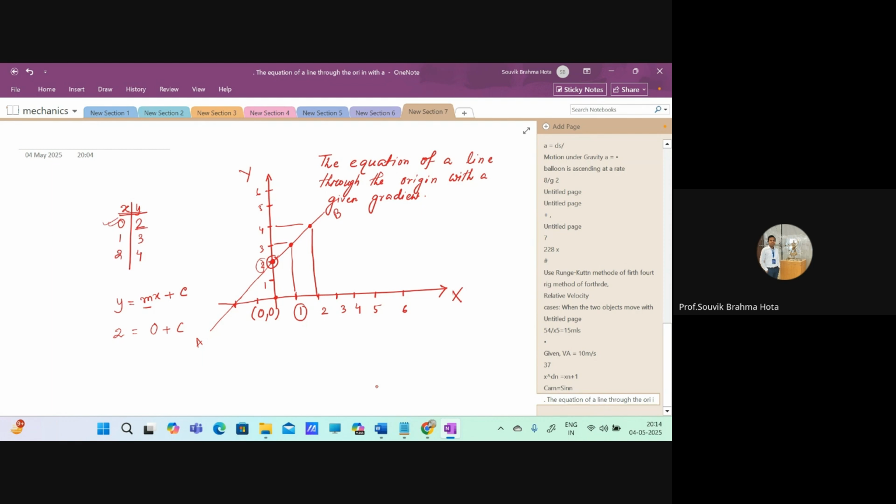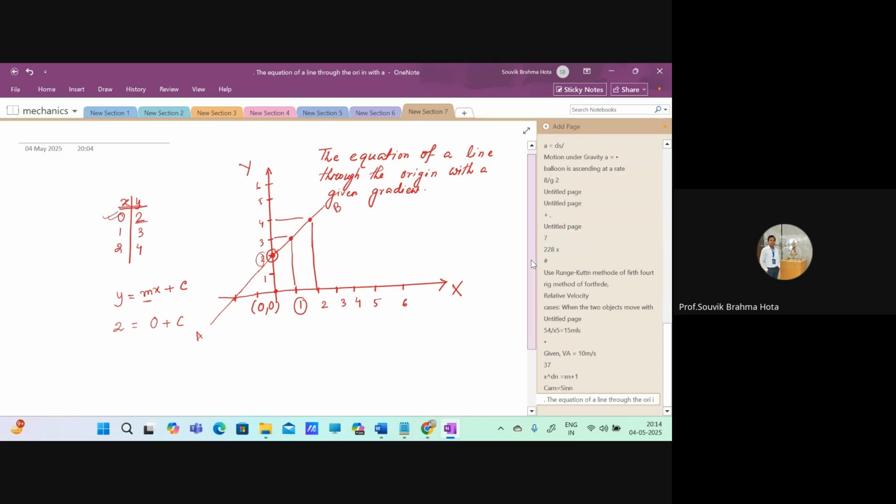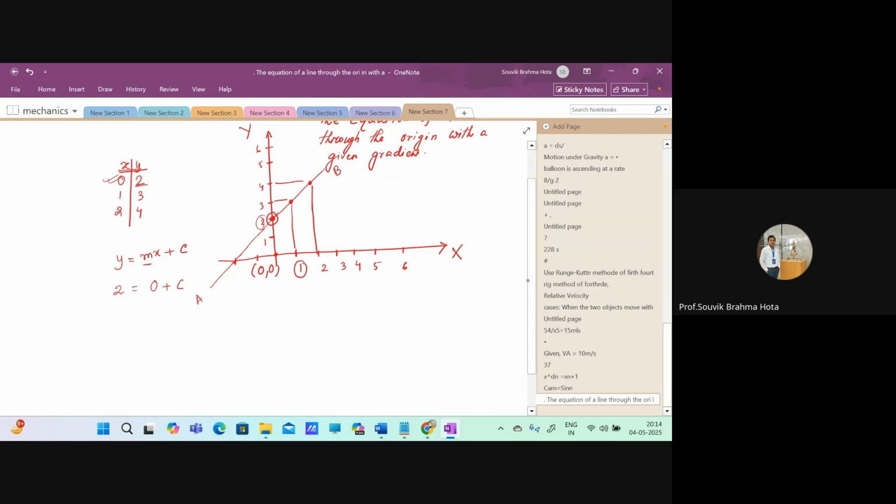Now let us see the same thing for a line which is passing through 0 comma 0, that is, the origin. That means the case I was discussing earlier. In this case, the AB line, correct?